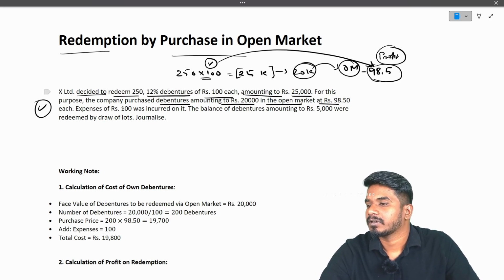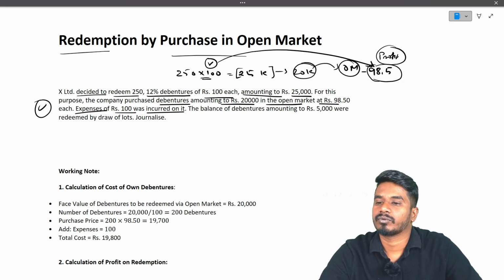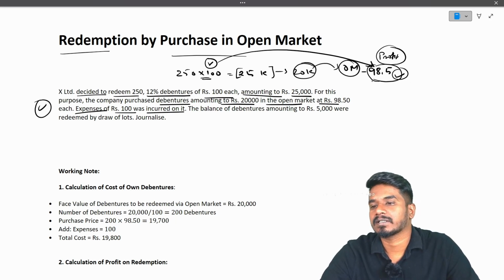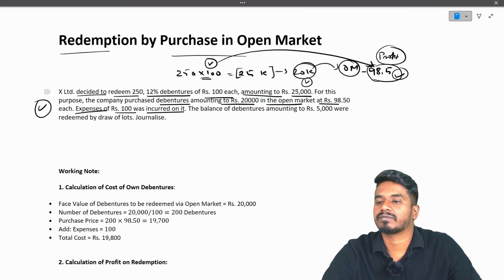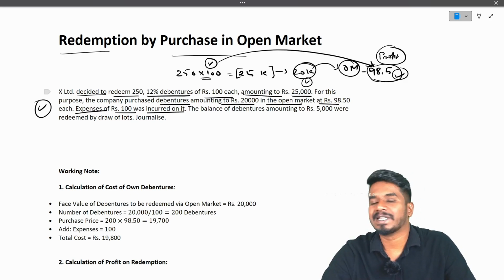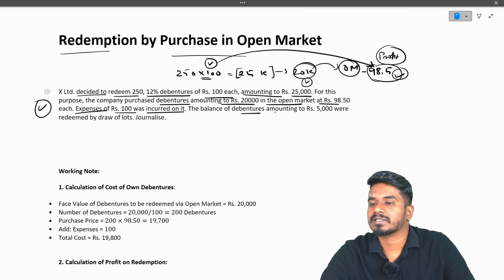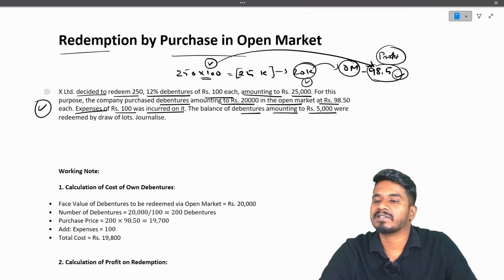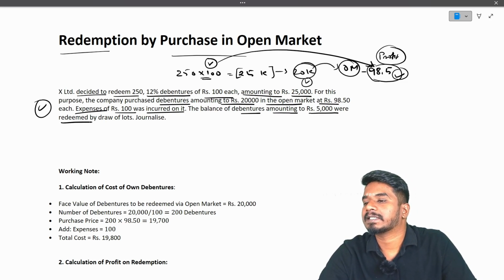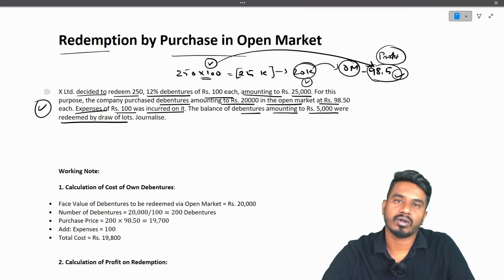Next, expenses of rupees 100 were incurred to purchase this 20,000 worth of debentures. The balance of debentures amounting to rupees 5,000 were redeemed by draw of lots.